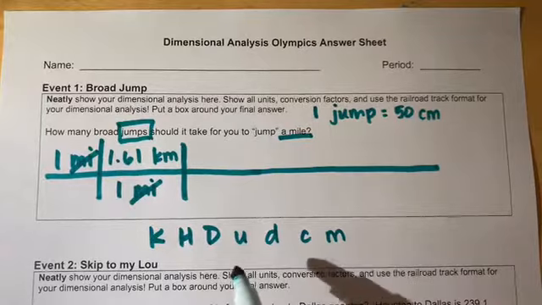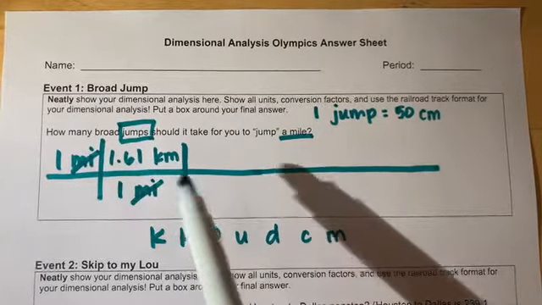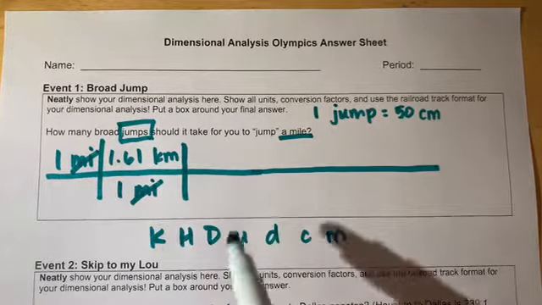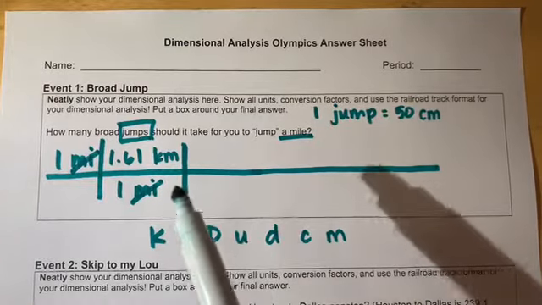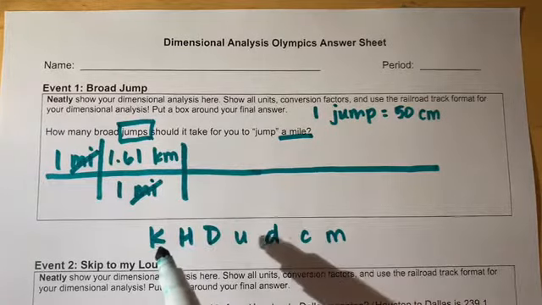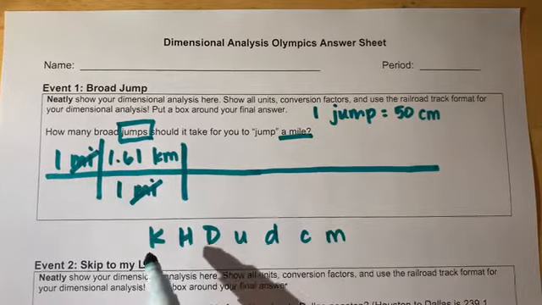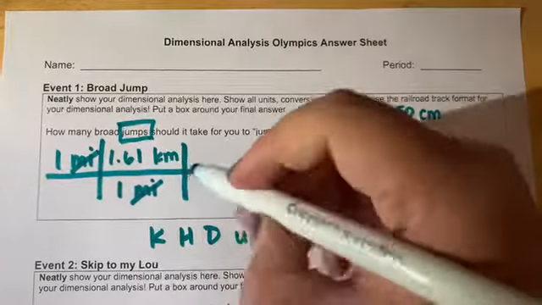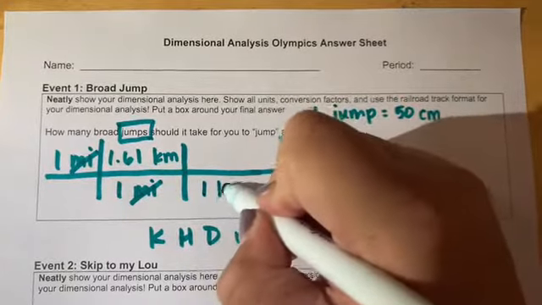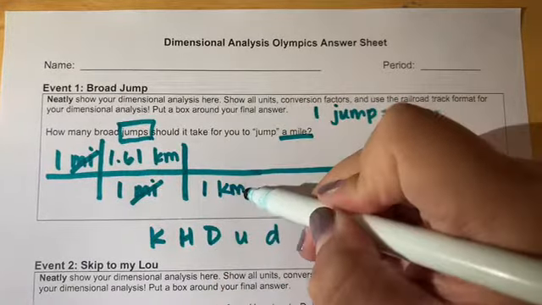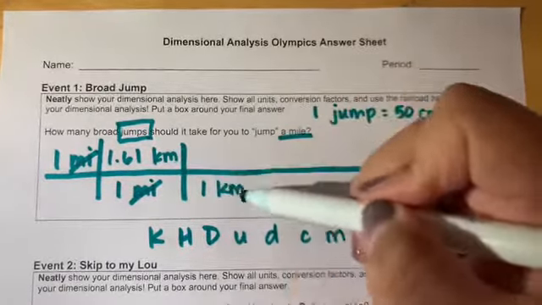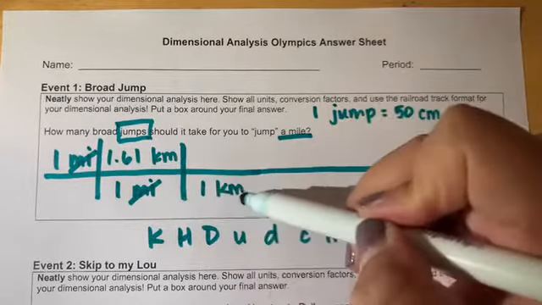I know that kilometers is bigger than centimeters, so I can start with kilometers. 1 kilometer, and I know kilometers goes on the bottom because I need to cancel it out. I'm going to copy and paste down and diagonal.